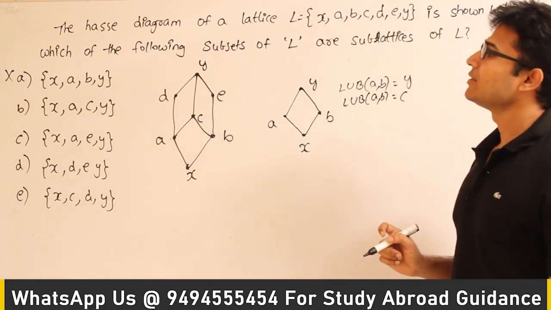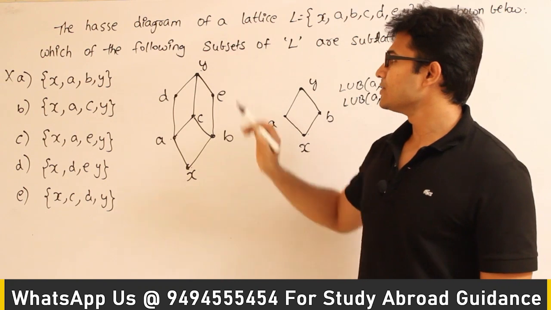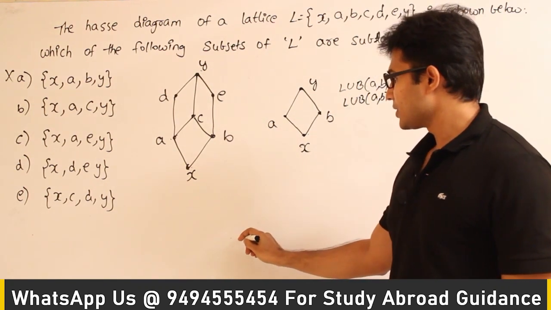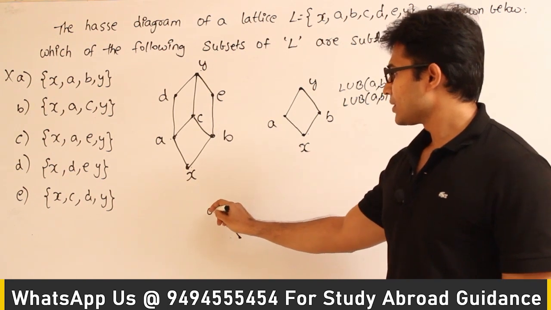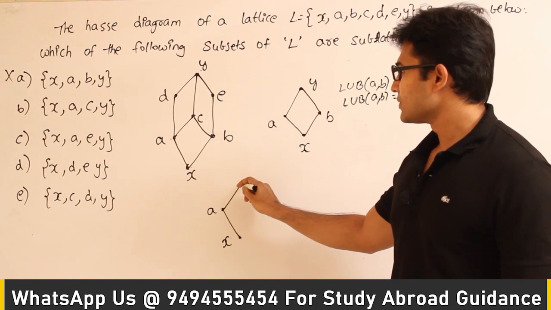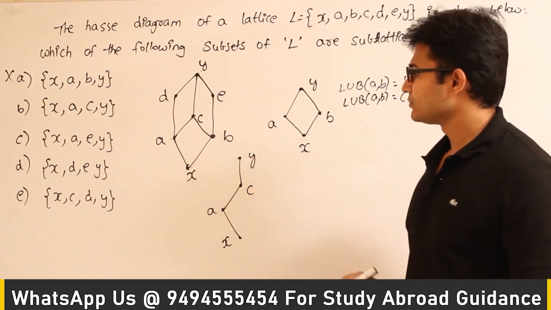X, a, c, y. So x is here, a is here, c is here, y is here. All are directly related, right? So if you try to put it, x is here, a is here, c is here, and y is here, right?